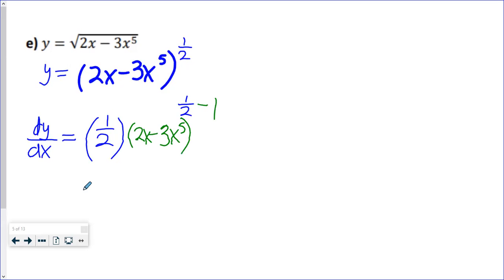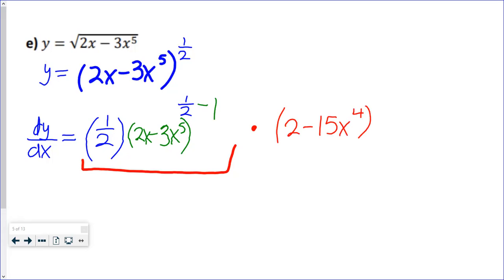And all of that is just my outside. Now I have to take the derivative of the inside. I have to multiply everything by the derivative of the inside. So the derivative of the inside is a binomial. That would be 2 minus 15x to the power of 4. Please stop me if you can't see why that is the derivative.